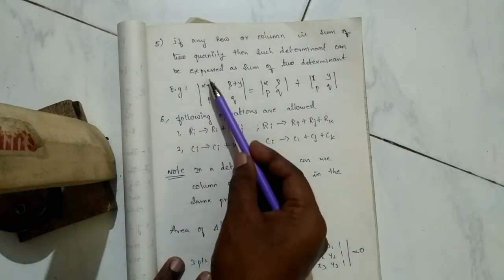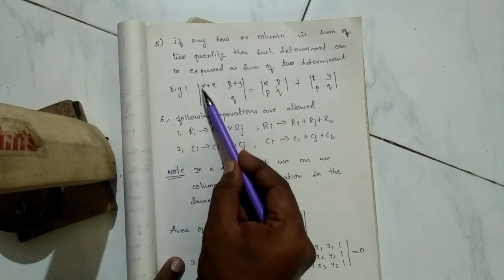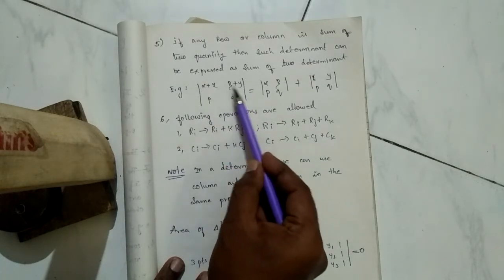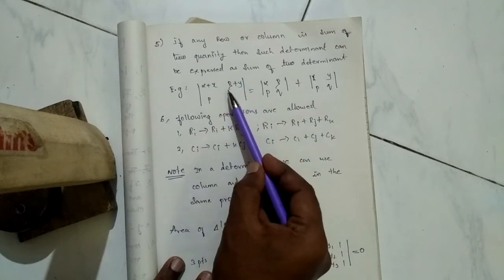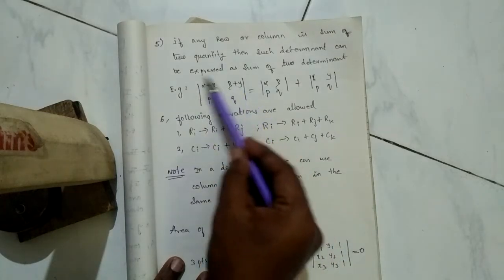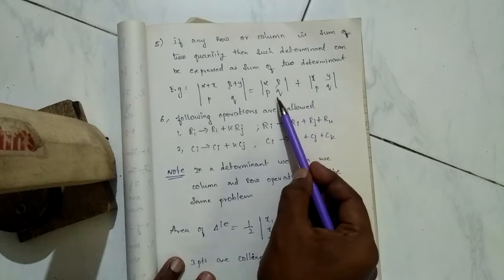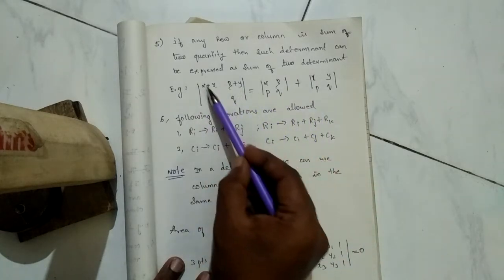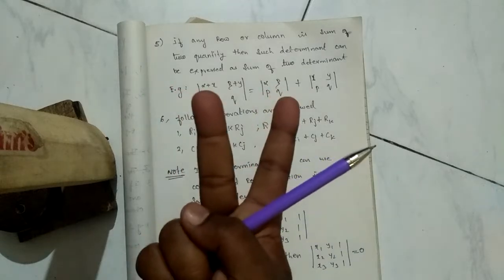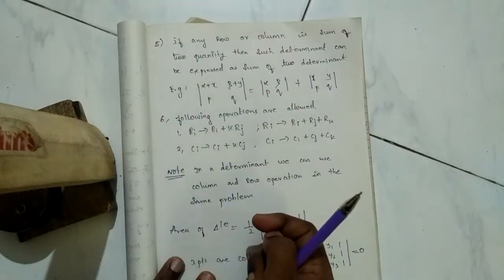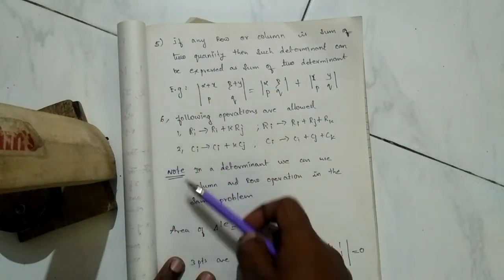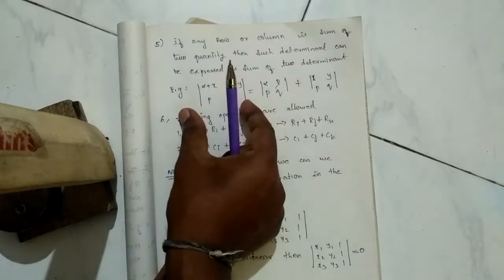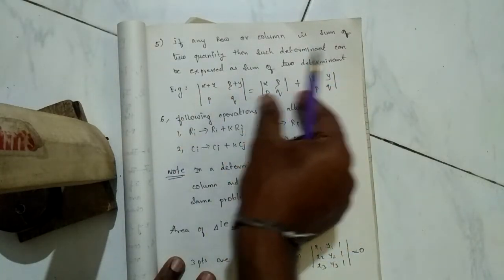If one row in a determinant is a sum of two quantities like this, then you can write this determinant as a sum of two determinants. Again I repeat, one row or one column is a sum of two quantities. That determinant you can write as a sum of two determinants.